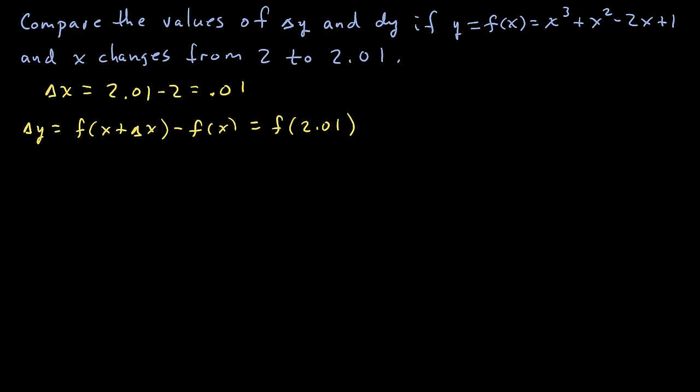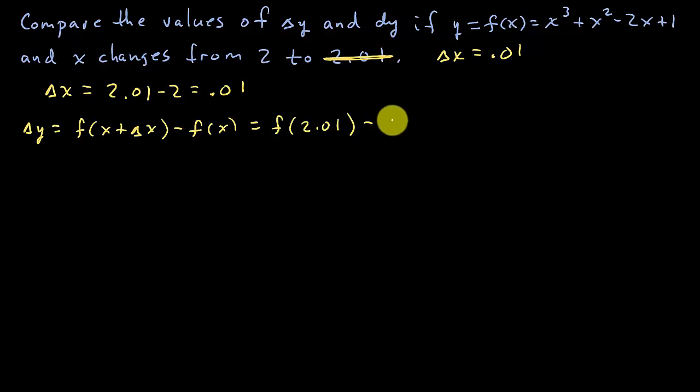In this problem, they gave you x plus delta x, which is 2.01. If they didn't give you this value, and they told you x is 2 and delta x is 0.01, then you would do 2 plus 0.01, and that would give you 2.01.